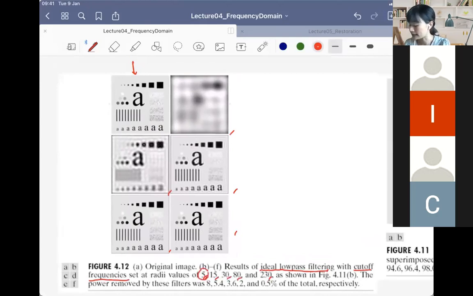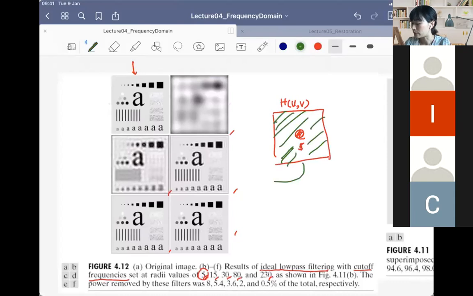For the first one, the cutoff frequency is very low, about 5 pixels. What it means is that you let a very small amount of the frequency pass through the filter, and the rest of the frequency will all be removed.